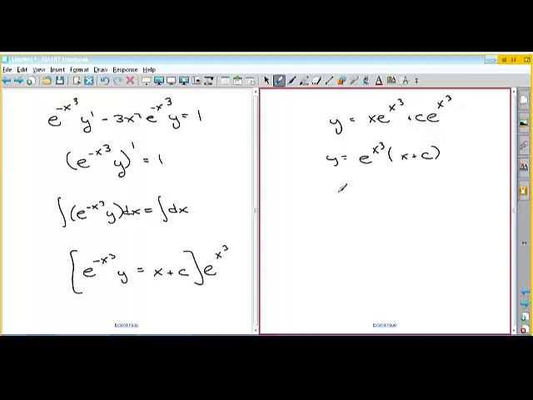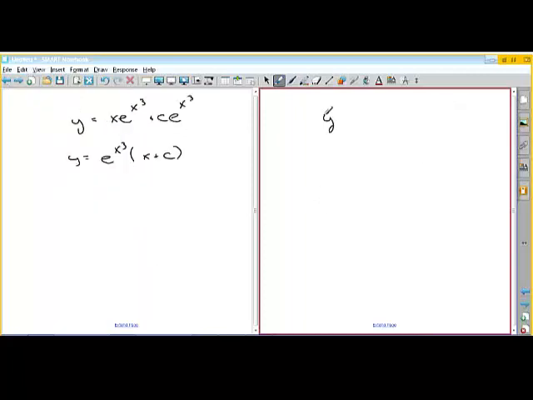Now, the only other special case that you might see is where you have a constant multiplied by 1 over x, and I don't know what's on the right-hand side. Doesn't matter. There are lots of different cases.